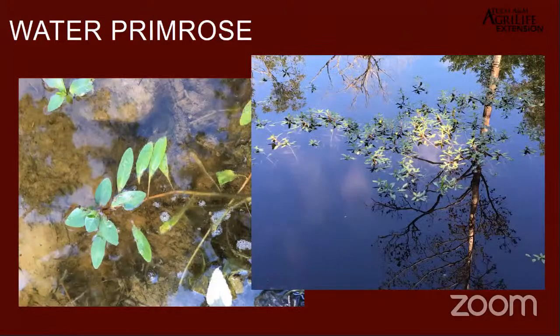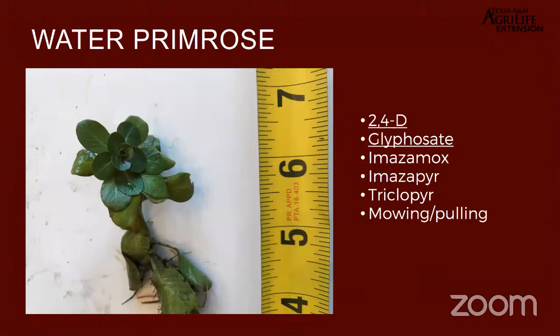Here are a couple more pictures of the aquatic form. It's slowly starting to become more aquatic, more adapted in the water column. And here's an up-close of the aquatic form. As you can see, it almost forms a leaf arrangement that looks similar to a rose.